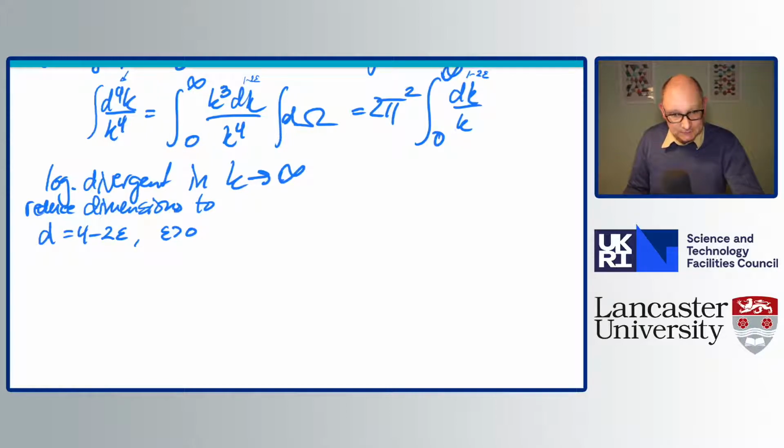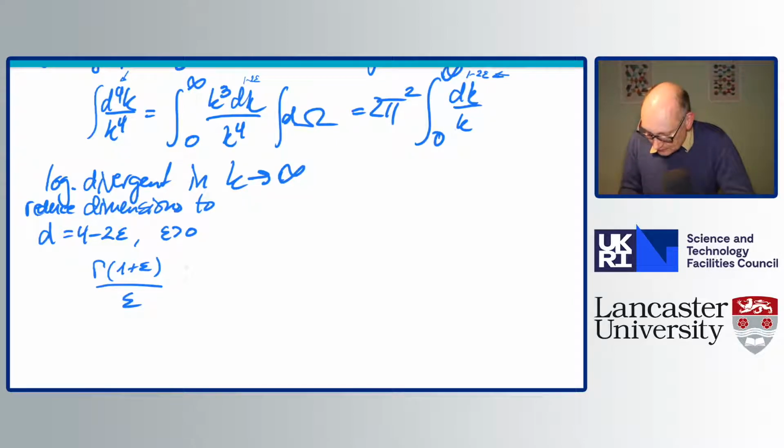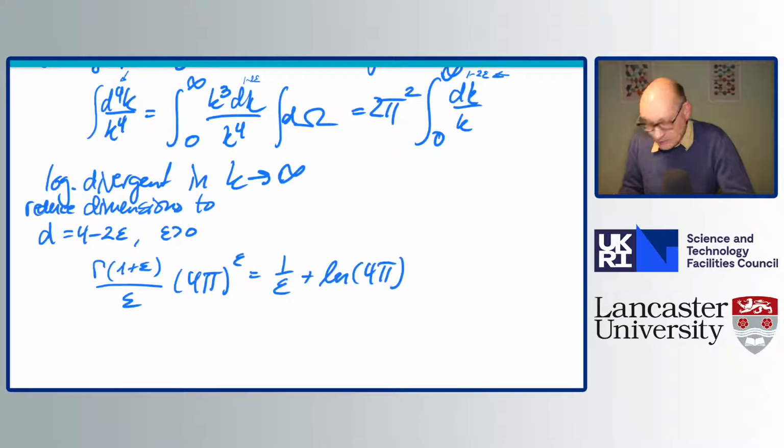What you'll see, in fact, if one does all these integrals here, and parameterizes it in terms of the dimensions epsilon here, is that often one will get expressions that contain gamma of 1 plus epsilon over epsilon times 4 pi to the epsilon, equal to 1 over epsilon plus the log of 4 pi minus gamma E plus something of order epsilon.